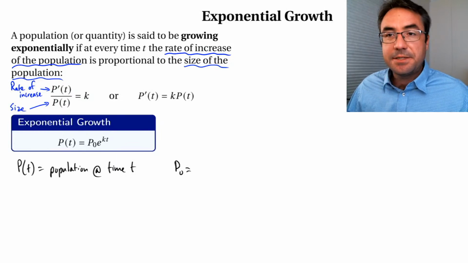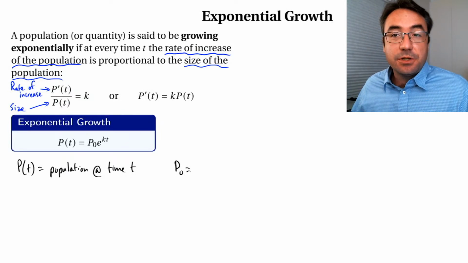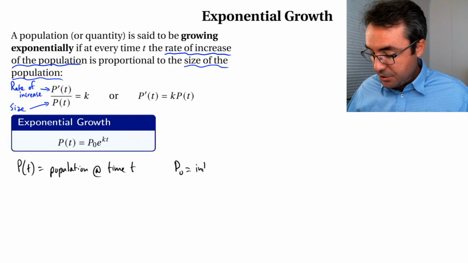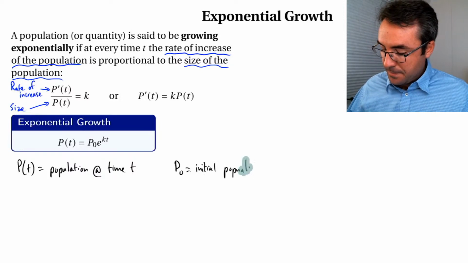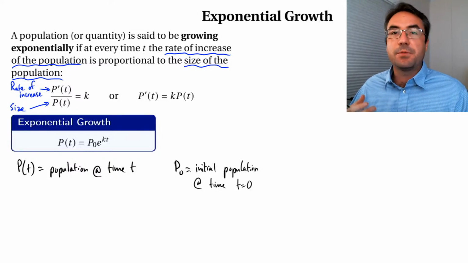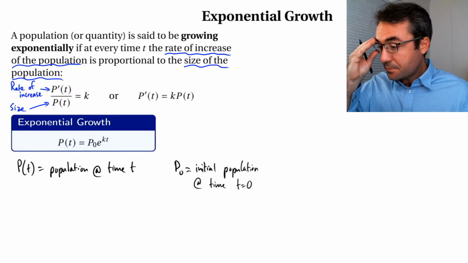P0, or P naught, is our initial, our starting population, and that really happens at time t equals 0. So it's the population we start with at time t equals 0.